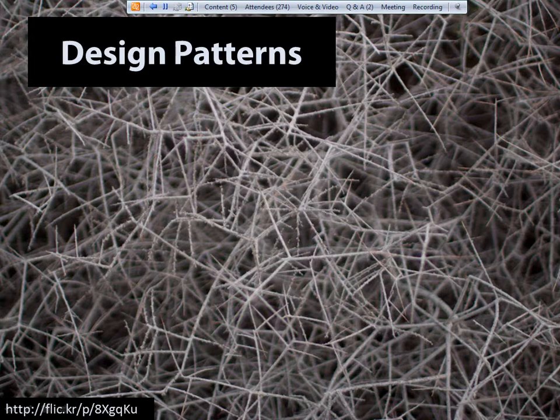Now, we give each one of these patterns a name so that we're able to discuss these common design elements using a common vocabulary with our peers. So if you're describing a problem you're having, you've got this dependency or this code that isn't very elegant because you're not sure it uses the right abstraction, I can suggest, well, have you tried using the such and such pattern for that?